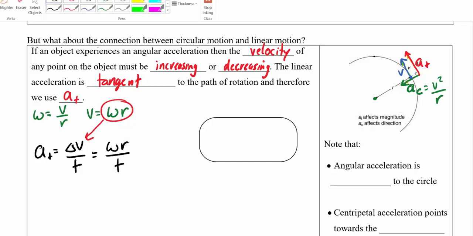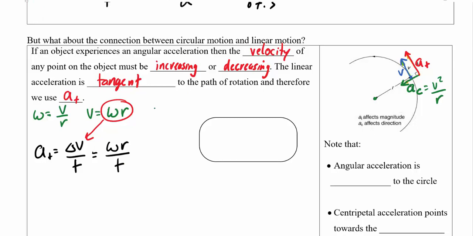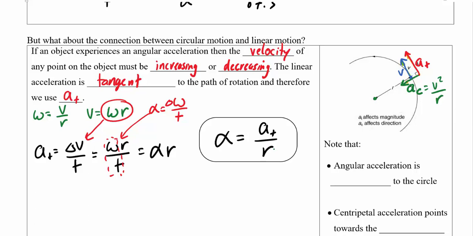Well, we just defined our angular acceleration as the change in omega over t, and you can see right here that's exactly what I have. So I can substitute this in here, and I end up with alpha r. So the linear acceleration of a point at the end of the circle is equal to the angular acceleration times the radius. Or to reverse this around, the angular acceleration is equal to the linear acceleration divided by the radius.